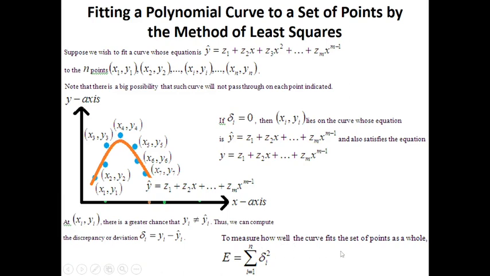So to measure how well the curve fits the set of points as a whole, E is computed using the formula summation delta i squared over the range i equals 1 to n. Okay, so this is the sum of the squares of the deviations. No?